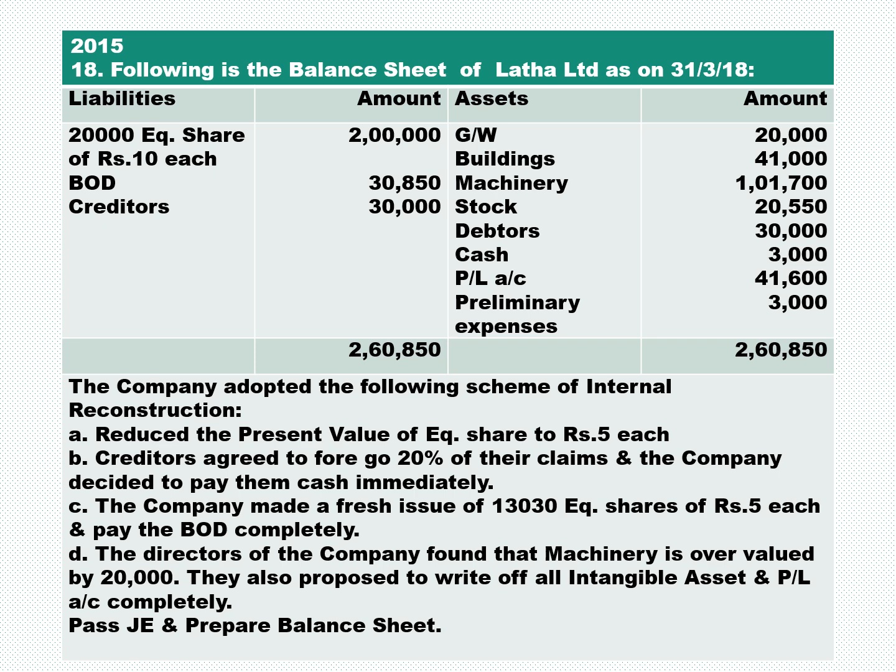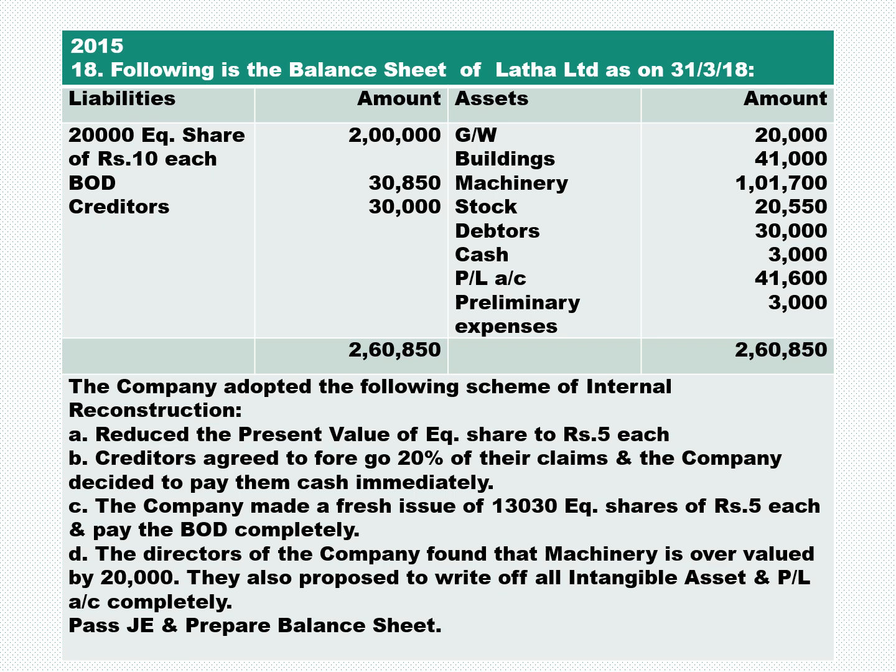The company adopted the following scheme of internal reconstruction. Reduce the present value of equity share to rupees 5 each. Creditors agreed to forego 20% of their claims and the company decided to pay them cash immediately.